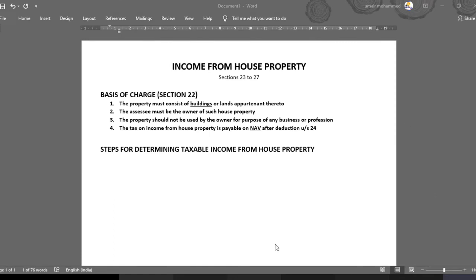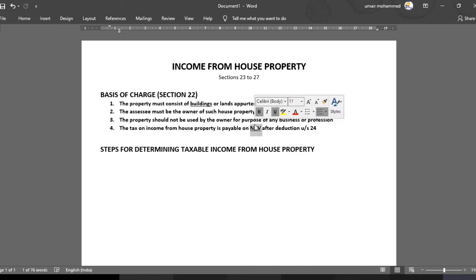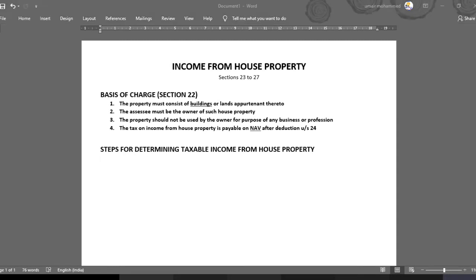one of the important tasks in this chapter for you is to calculate taxable income from house property. And in the fourth point, it clearly says that income from house property is taxable on NAV after deduction, which means it's not taxable on the rent received, but rather on NAV. So you should learn the procedure to compute NAV and to compute the final taxable amount under the head income from house property. The procedure of calculating NAV is different for let out property.